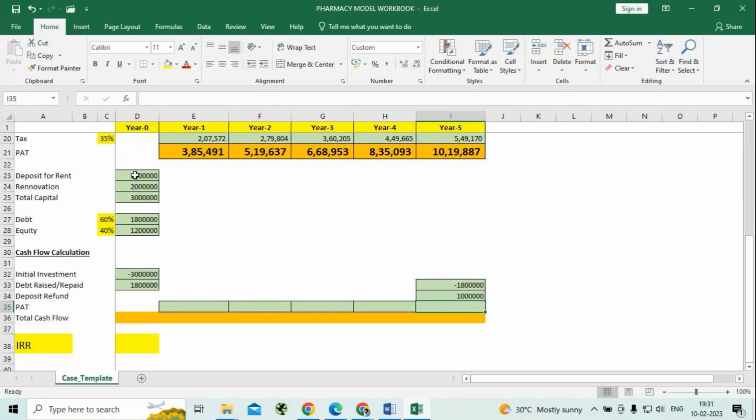Then finally, the PAT value is nothing but the profit after tax value, which has been taken from the income statement, the last line item.